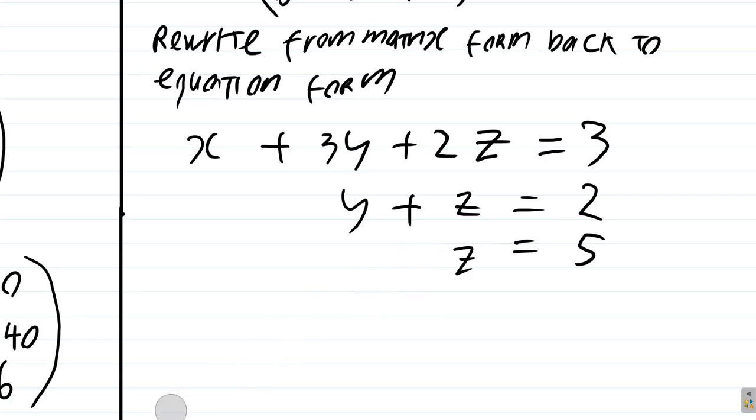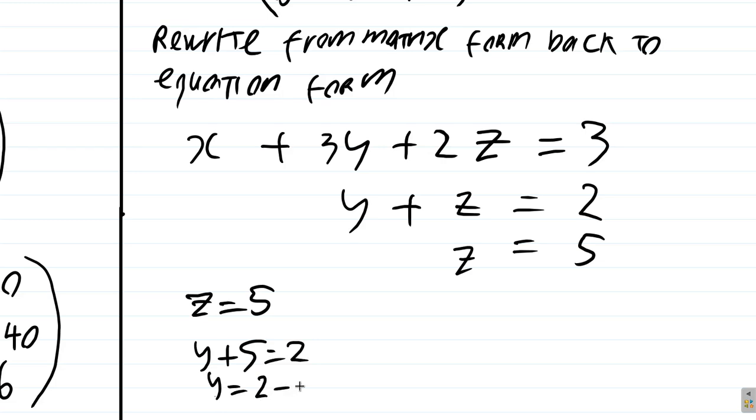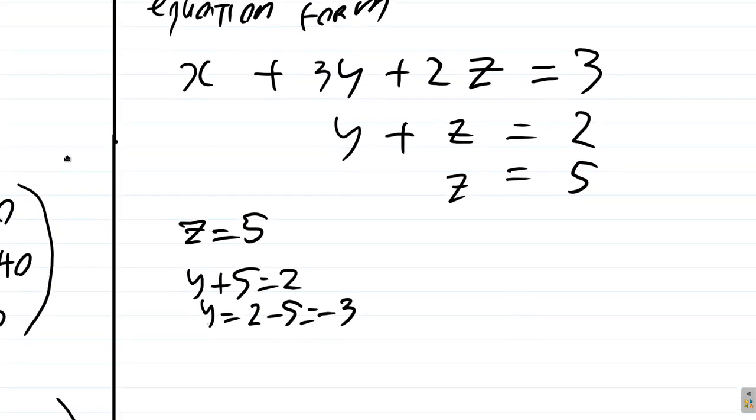Now it's clear that z equals 5 based on row 3. If z is equal to 5, we substitute in row 2: y plus 5 is equal to 2. So y is equal to 2 minus 5, which is negative 3. Now we know that z is 5 and y is negative 3.